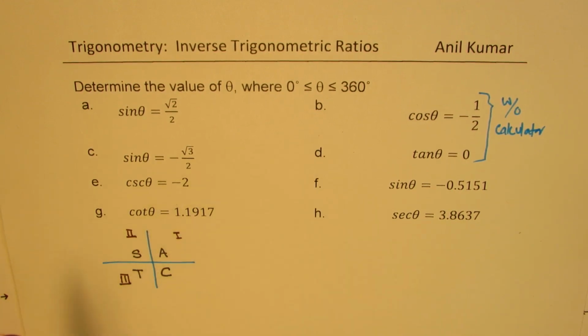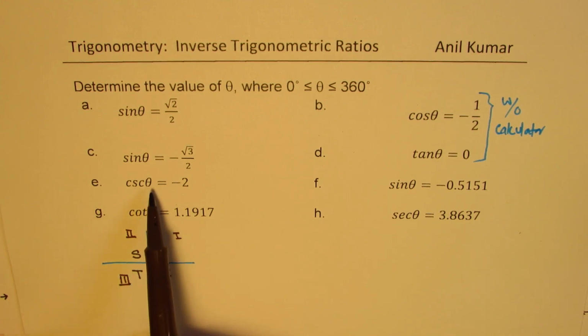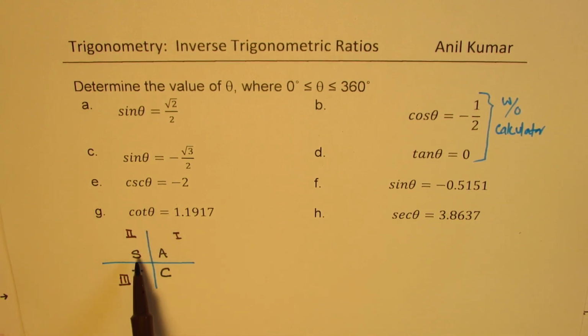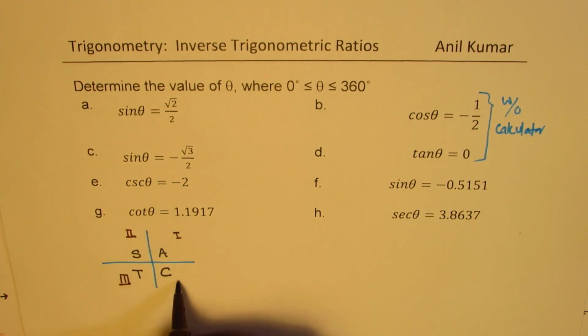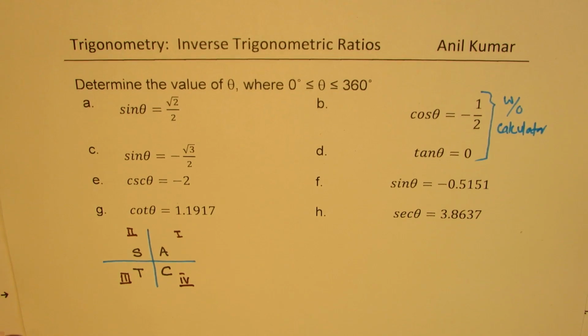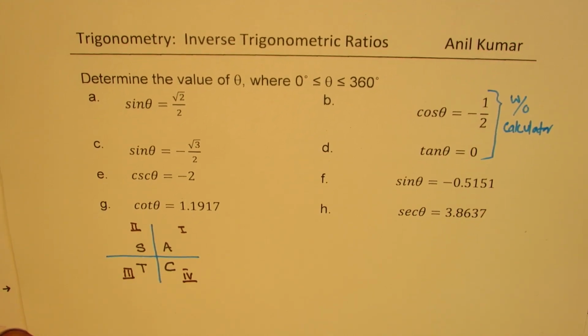Again, we'll get two values. And for cotangent to be positive, it is quadrants 1 and 3. For cosecant, which is the reciprocal of sine, if it is negative, then we are looking for quadrant 3 and quadrant 4, correct? So you have to keep in mind the quadrants in which each trigonometric ratio is positive or negative.